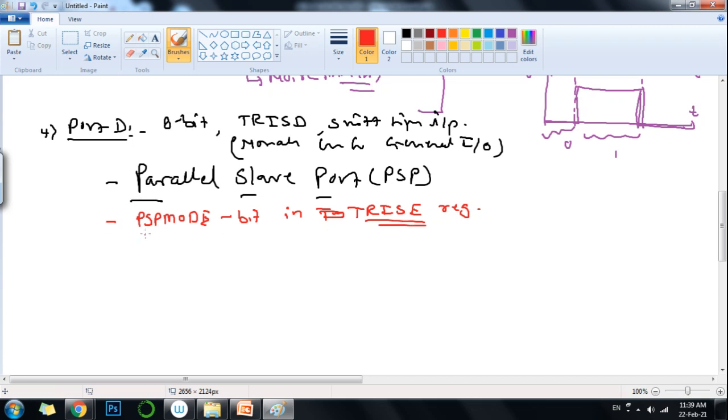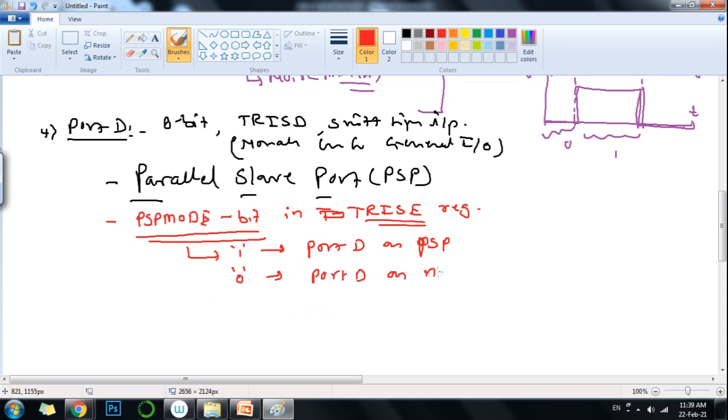One of them is the PSP mode bit. When this bit is set, port D operates as PSP port, parallel slave port. And when this bit is reset, port D will operate as a normal I/O port.